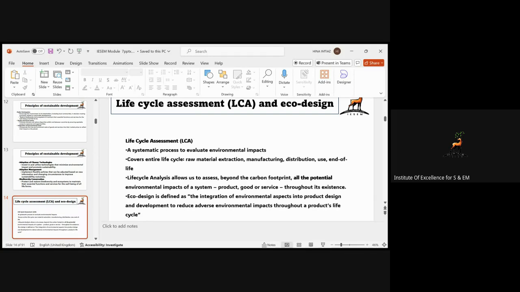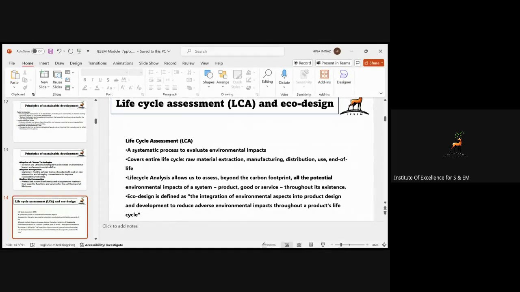And what is eco design? Eco design is defined as the integration of environmental aspects into product design and development to reduce the adverse environmental impacts throughout the product life cycle.